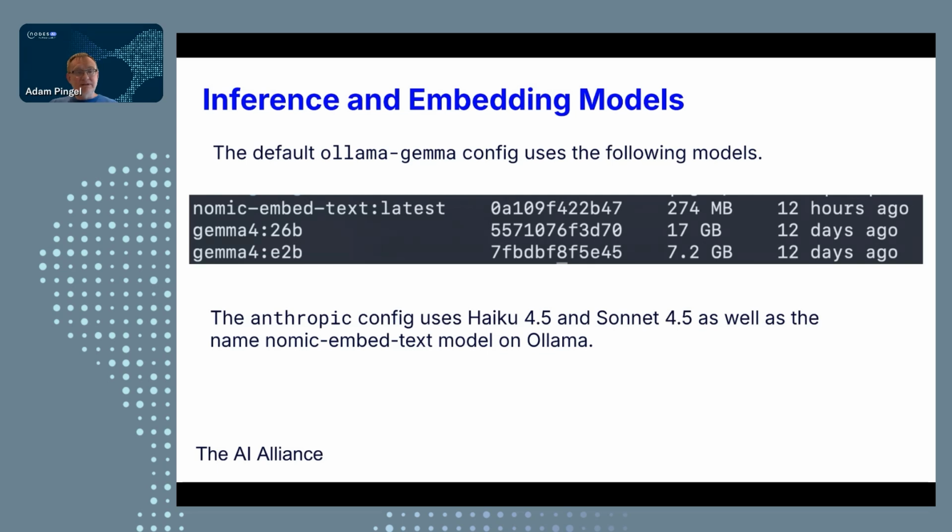And speaking of inference, again, the default is to use Ollama with those 2 Gemma models for inference. And there is an embedding model needed for the vector store that's going to be running, whether you go with the Anthropic config or this Ollama Gemma config.